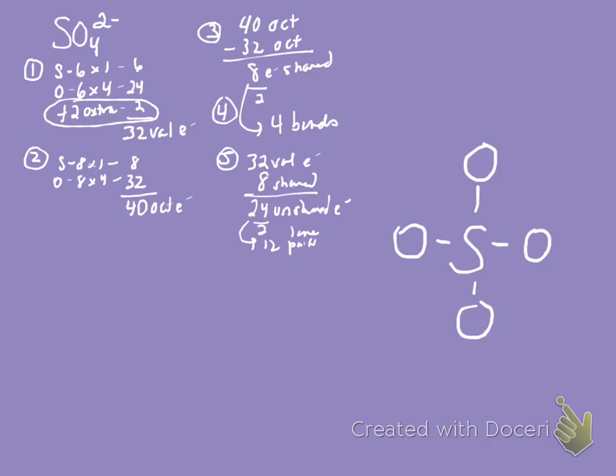Well, where do we put those 12 pairs? 1, 2, 3. There's 3 pairs. 1, 2, 3. There's 3 more. 1, 2, 3. Oh. Looky there. Are we done? What's wrong, Claire? Needs brackets. Needs brackets and a charge.